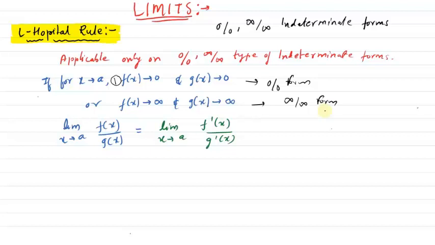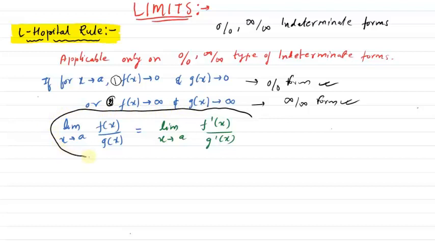So what we are having is either the first or second case, either 0 by 0 form or infinite by infinite form. Whenever we have an expression like this, we can write this as limit x tending to a f dash of x by g dash of x.